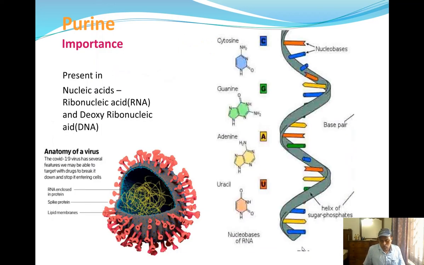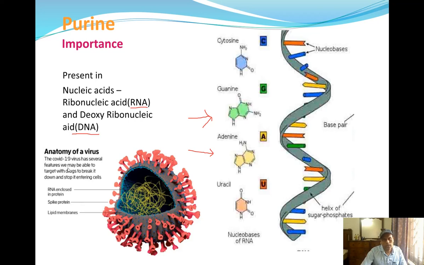Now let's go for the importance of this purine as discussed earlier. It is there in nucleic acid, both in RNA and DNA. Here there are purine bases. One is guanine, the second one is adenine. So these are there in both RNA and DNA.